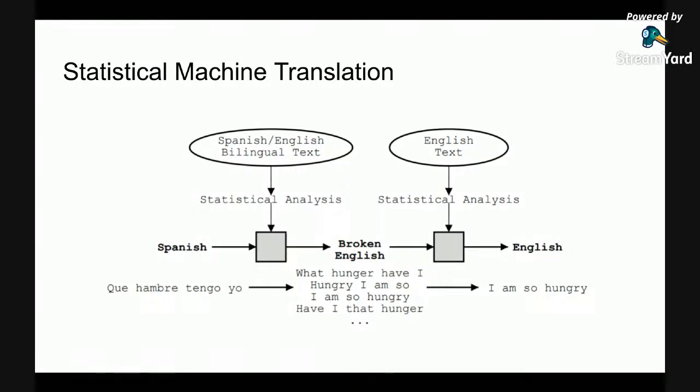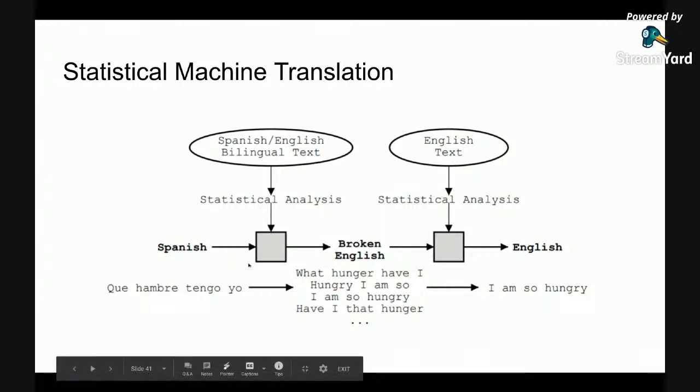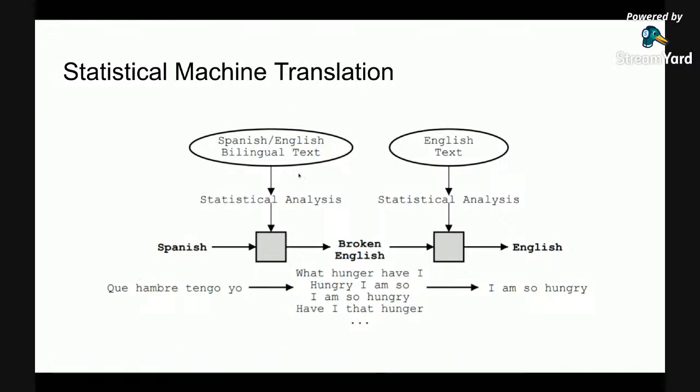As you know, text alignment is the first step of statistical machine translation, which is a kind of translation generated on the basis of statistical models, and the parameters are derived from the analysis of bilingual corpora. For example, if I want to translate this text from Spanish to English, I need a big bilingual text, an aligned corpus, so I can extract the translation pairs.